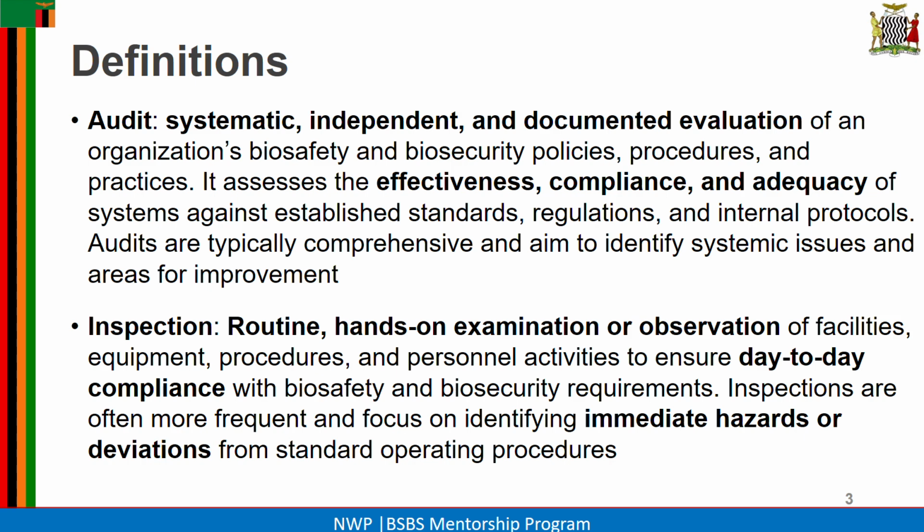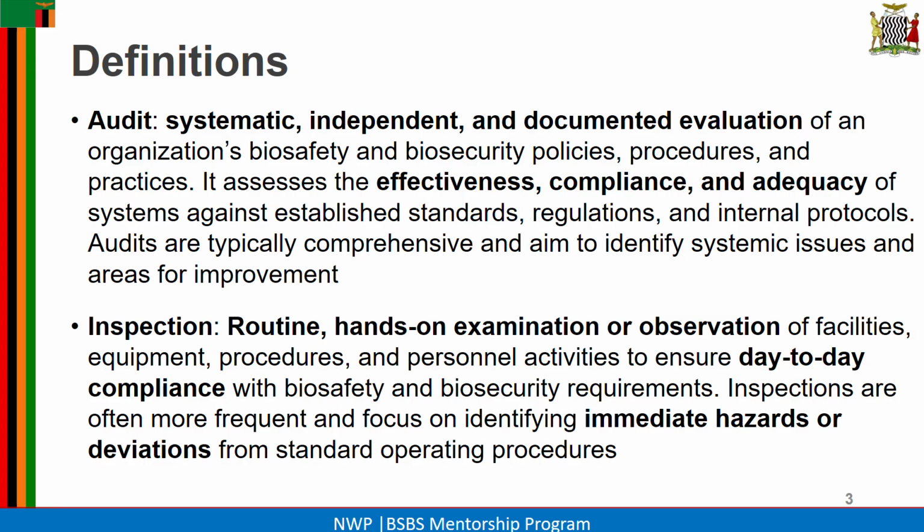Another difference between an audit and an inspection is that during an inspection, you want to identify immediate hazards or deviations from either your SOPs or standards that you would have formulated at the facility.